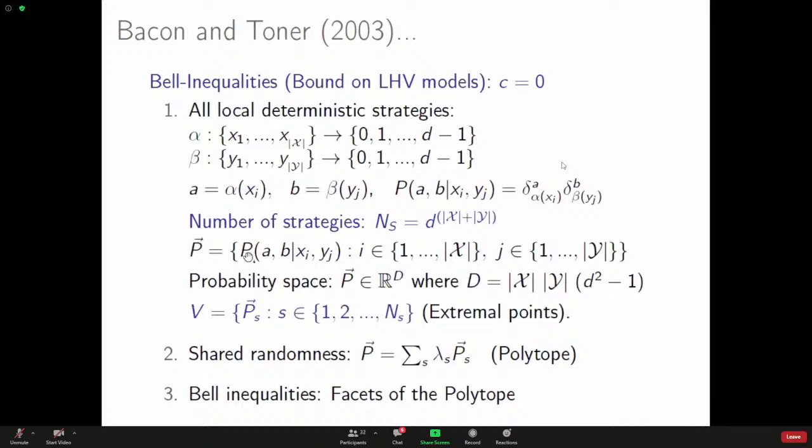In the probability space, one generally gets a polytope which determines these Bell inequalities. So one tries to solve this problem in general for deriving Bell inequalities when there is no communication. And of course, the Bell inequalities are facets of these polytopes.